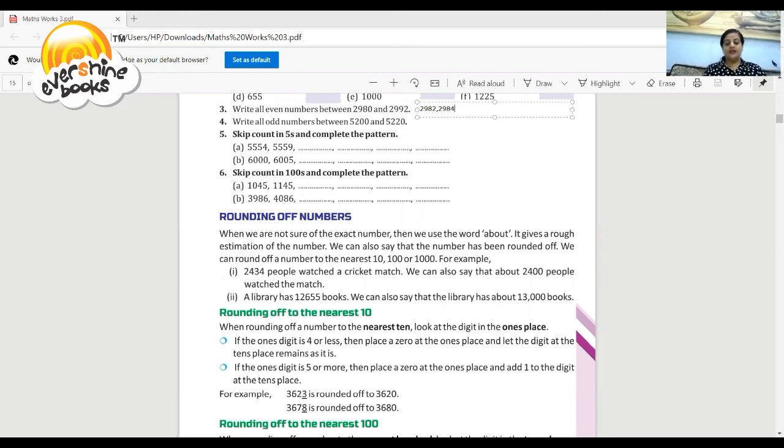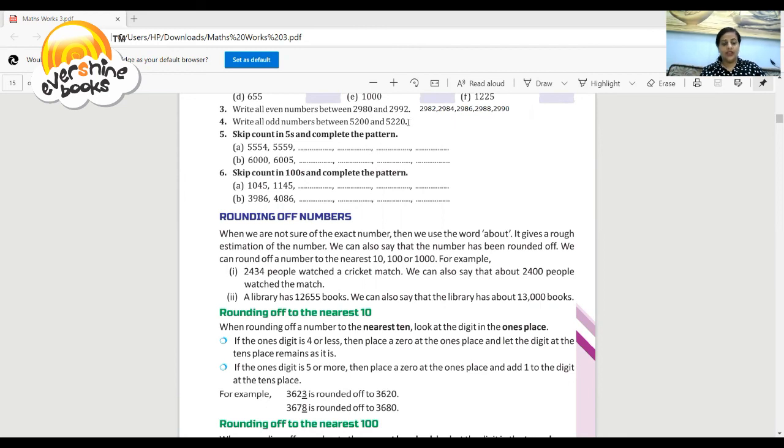And after that, with the comma, 2986 will be the next number. 2988 will be the next number. 2990 will be the last number in between.